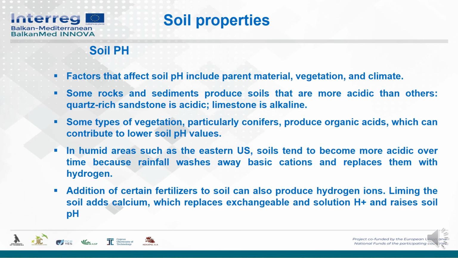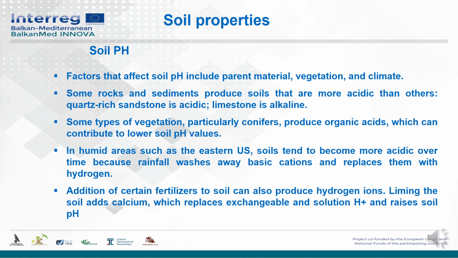Factors that affect soil pH include parent material, or mother rock or bedrock, vegetation, so the type or species of the plants, and climate. Let's speak about parent material or parent rock.